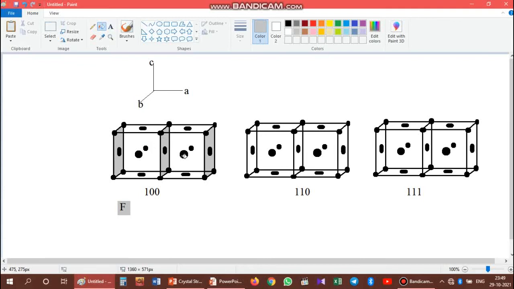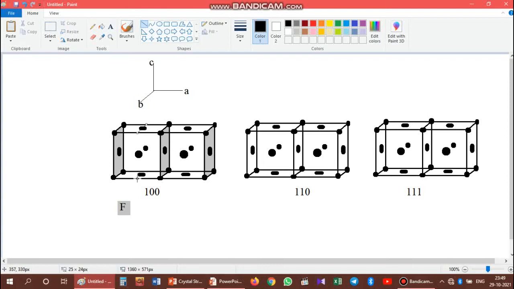Here also they are being uncovered. So here you have to draw one more lattice plane in between these two. How to do this? Just from the middle point of this edge, join the line to the middle point of the edge of the top back edge, from here to here, like this.